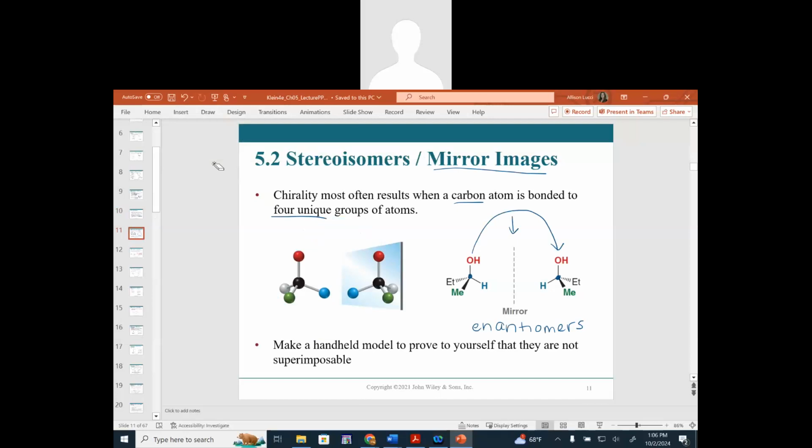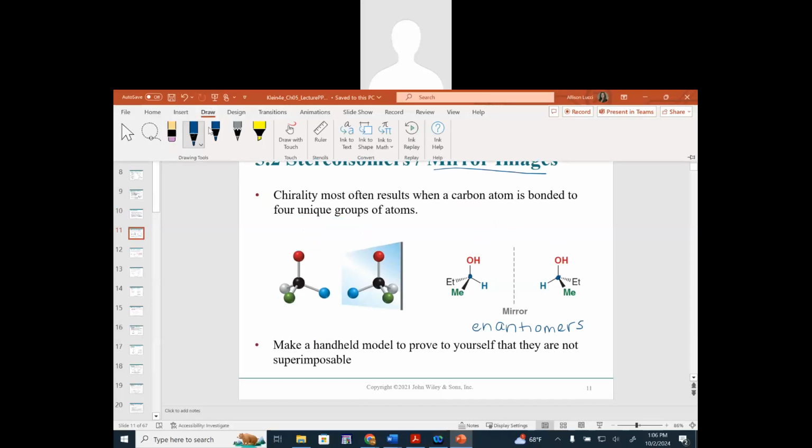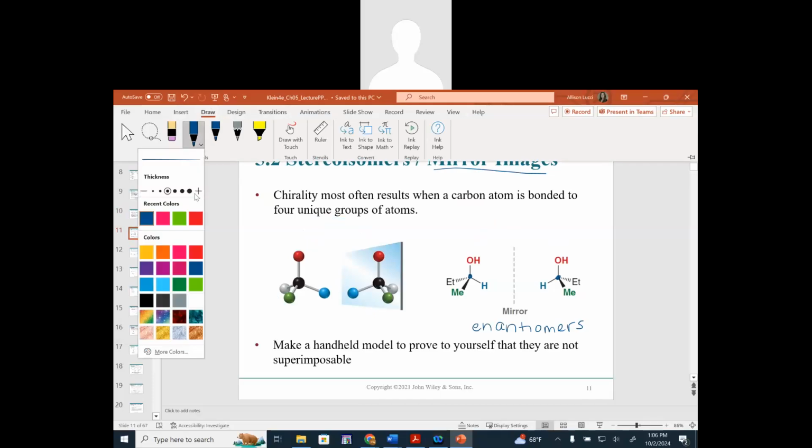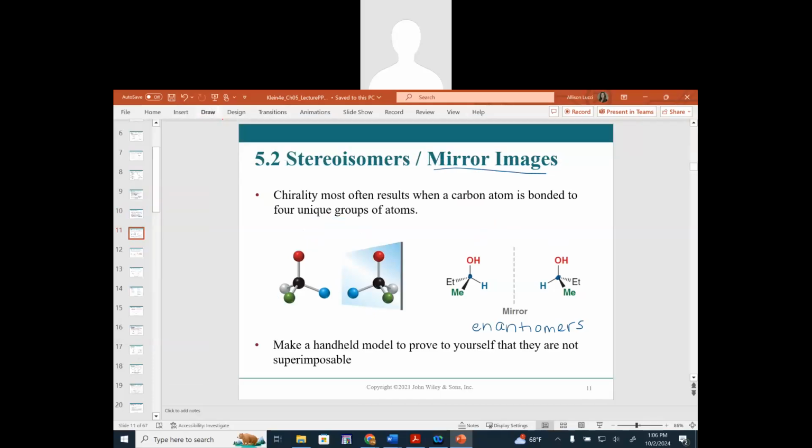Let's get rid of this to start. So when a carbon atom has four unique groups, that means that it forms four bonds, and each of those bonds is to something different. So in this first compound, we see the red group, the white group, the green group, and the blue group. What we've done here is we have this mirror, so we've reflected our molecule, and then we try to pick it up and put it on top of this molecule.